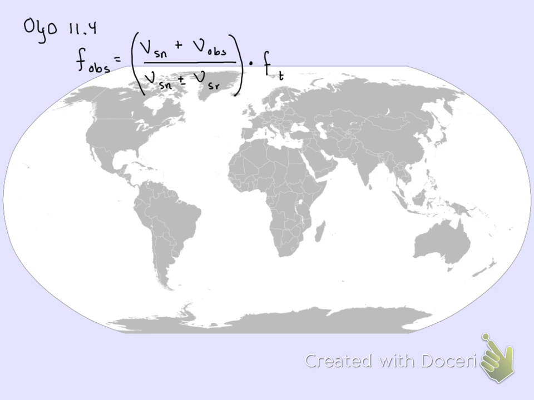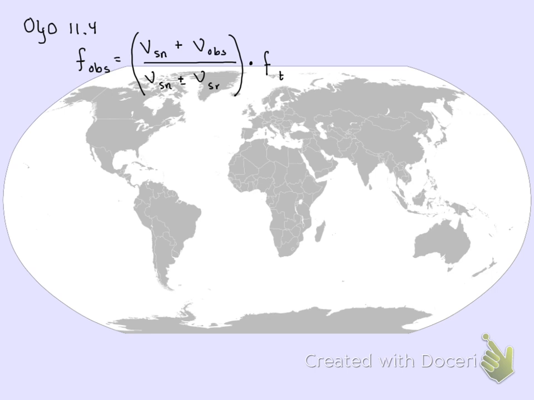Okay, so now let's look at the values that were given. A woman is driving towards the factory to pick up her husband after work. Yeah, who cares? As she travels towards the factory, which is the source, the factory starts to blow the whistle, indicating the end of the workday. The whistle's frequency is 494.